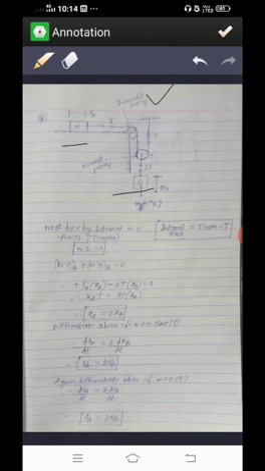And again that string is passing over another pulley.